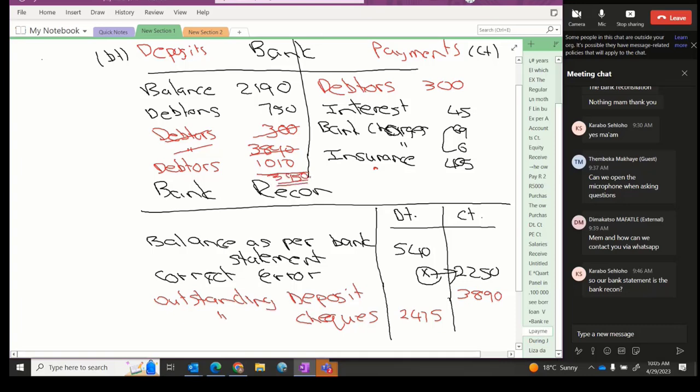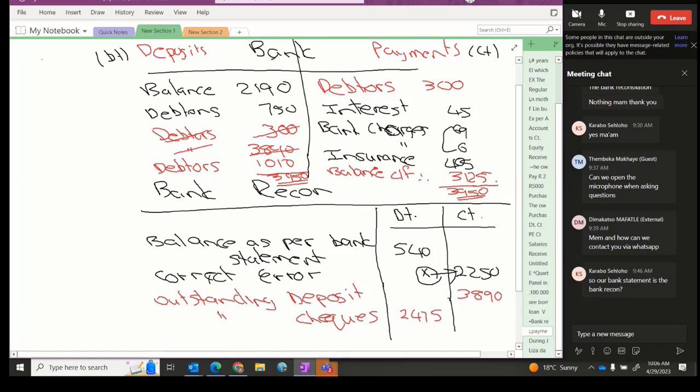Sorry, I don't have enough space now. So then this one is also 3950. And then the balance carried forward is what? 3125. Okay, you can go and do that on your own.